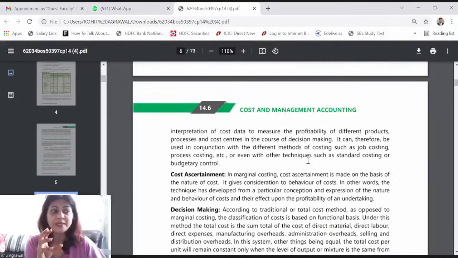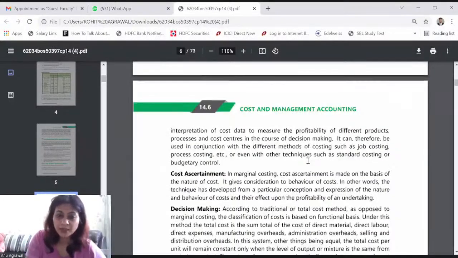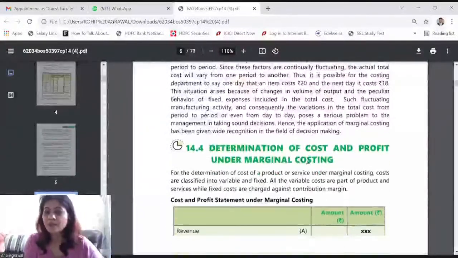It is a method to take up a decision: if I'm in a bad situation, I should do pricing dependent upon my marginal cost. So it is not a method of finding out per unit cost, but a method for taking a decision on what I should do. This is what they tell you.